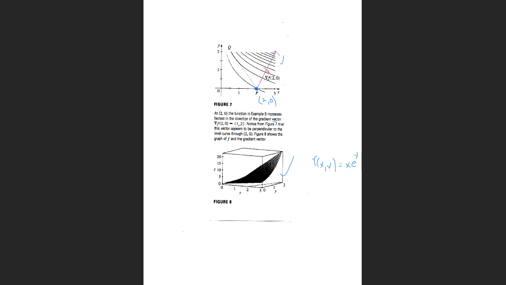So look at this. Sorry, let me try this again, class. Here's that gradient vector.